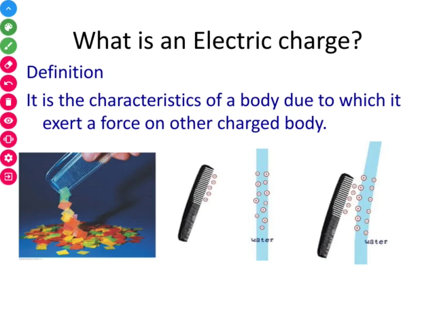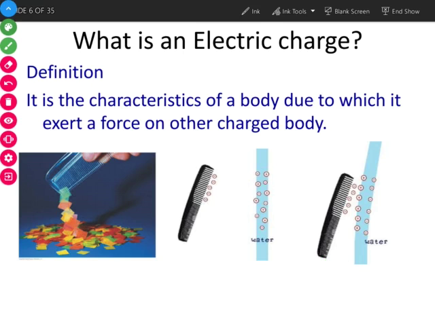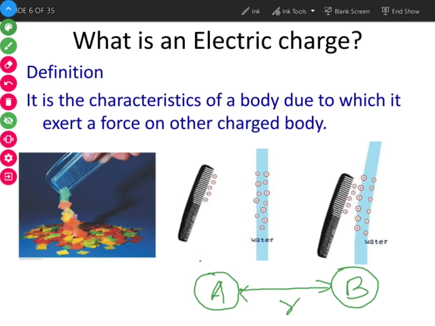Now suppose these two bodies, say this is body A and this is body B, and they are r distance apart, and suppose this body is positively charged and the other is negatively charged, then an electrostatic force starts acting between these two bodies, just because these are charged.